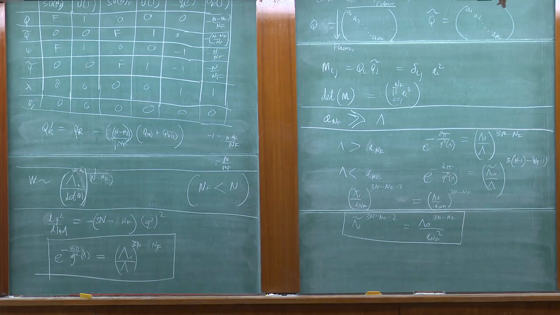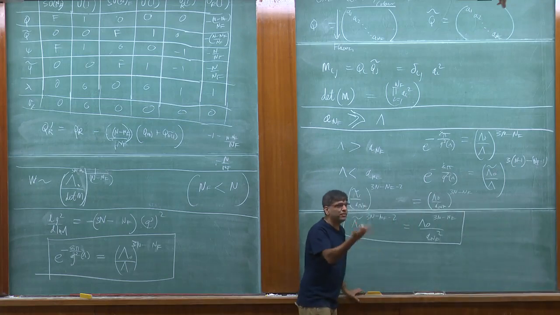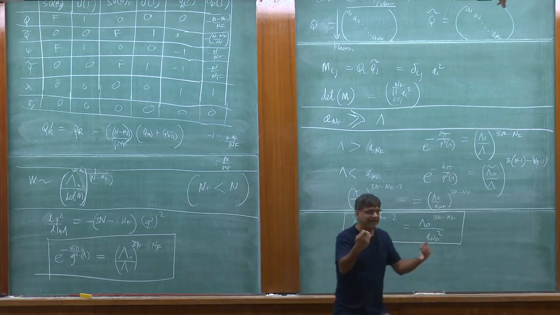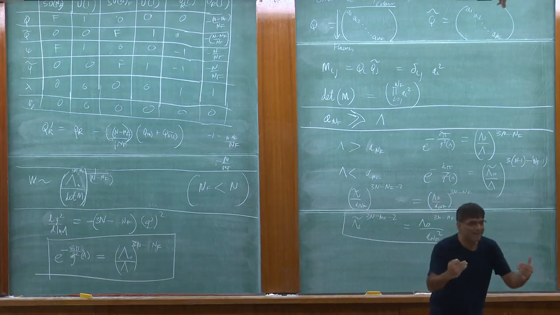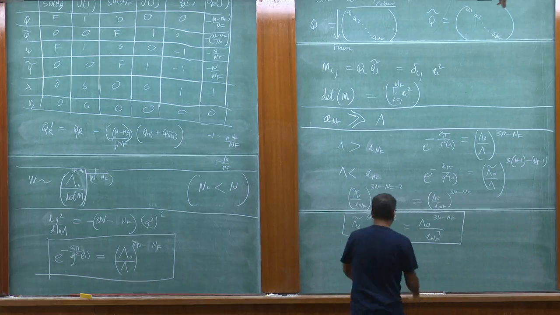This is enough for us to predict the superpotential of the theory with N minus 1 colors and NF minus 1 flavors, because we just plug in.